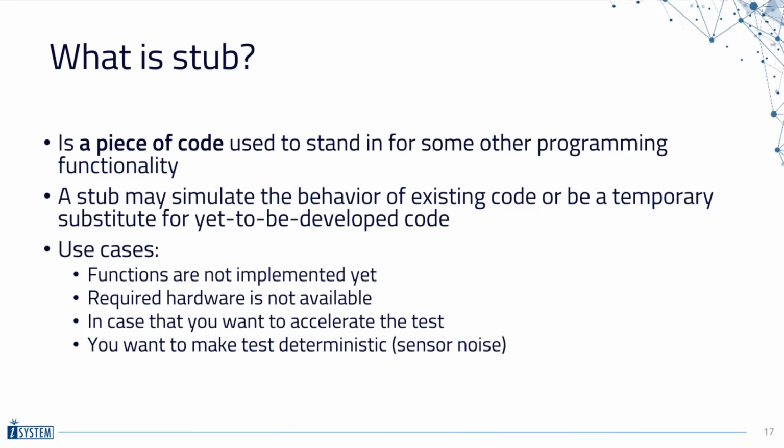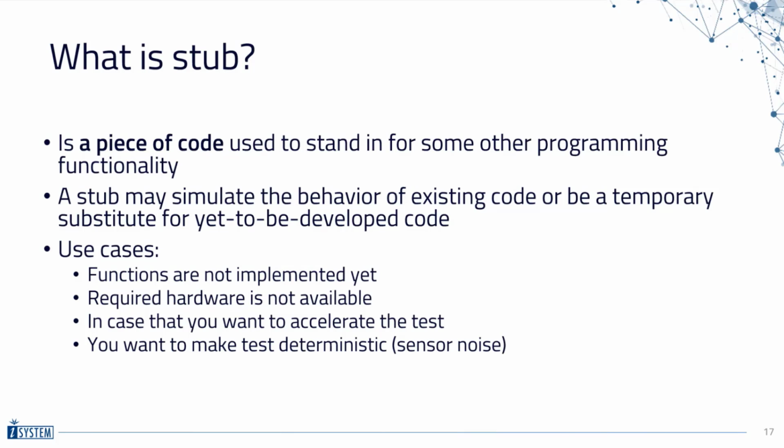So the use cases are: certain functionality is not implemented yet, and we need to simulate this behavior with a stub. Required hardware is not available. For instance, if we need external hardware for the measurement of the temperature and we don't have it, we can just stub the readouts.